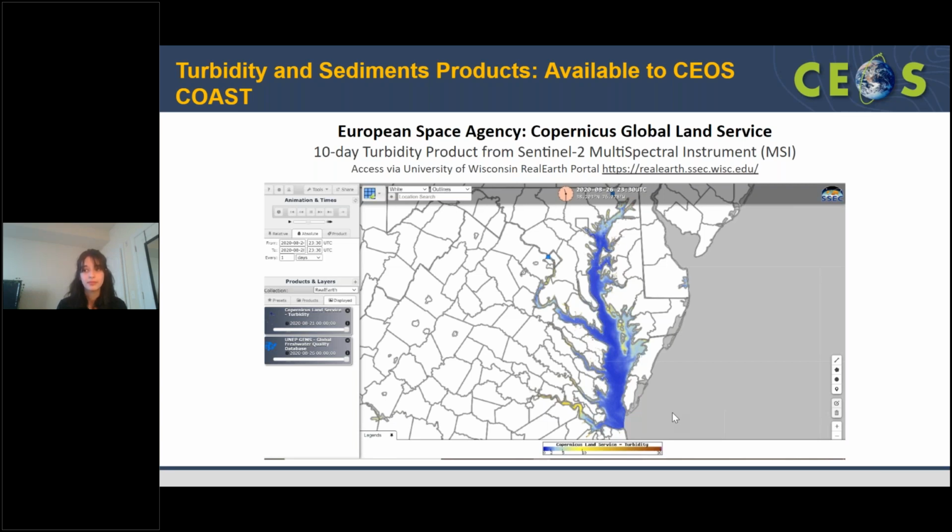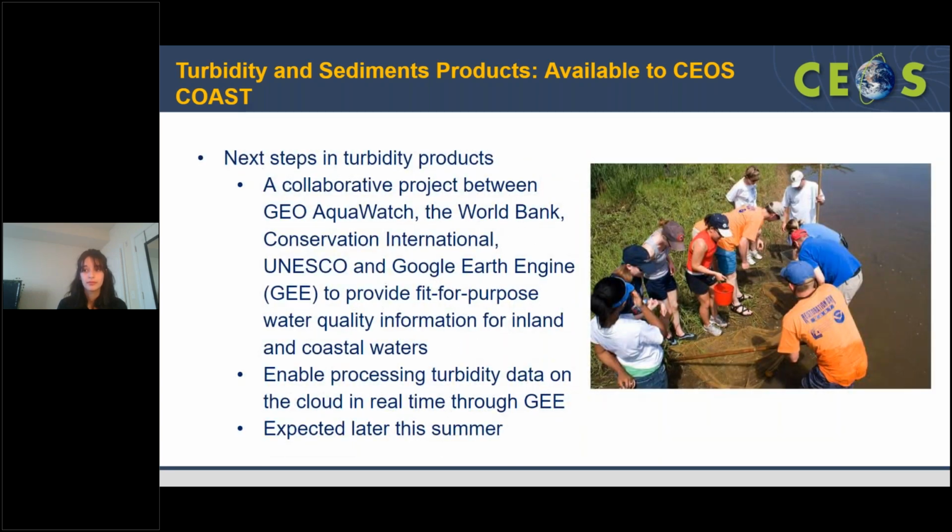Next slide, please. Also coming up later this summer is a Google Earth Engine global water quality tool that is a collaboration of the groups listed: GeoAquaWatch, World Bank, Conservation International, UNESCO, and Google Earth Engine. This product is real-time turbidity data processing on the cloud through Google Earth Engine.